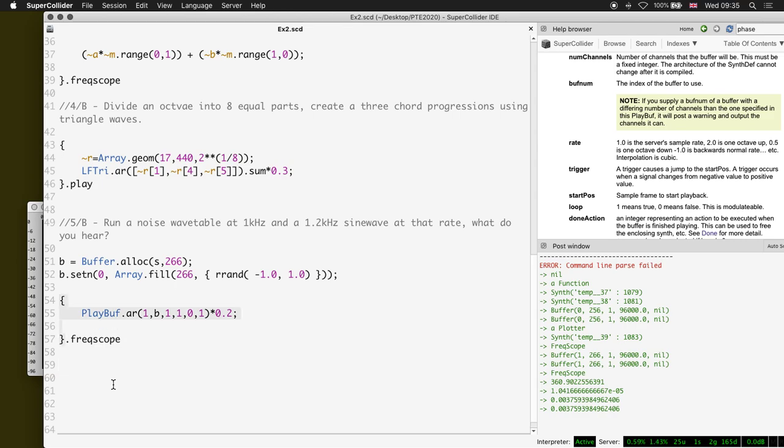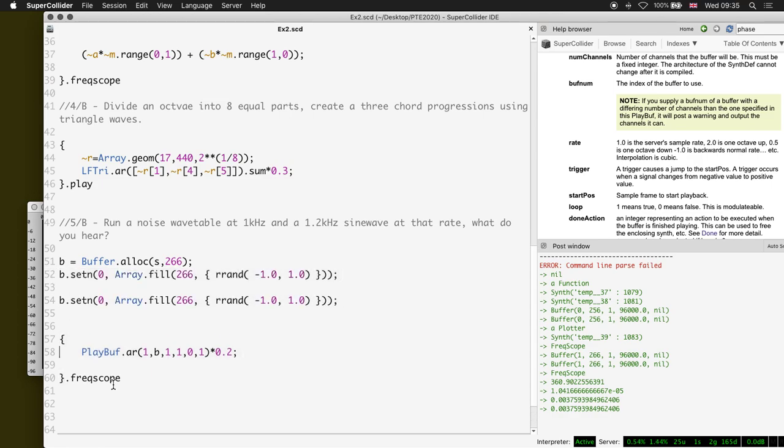Instead, let's just look at what happens if I put in a sine wave. So if in this 266 samples I would get a sine wave, so let's do that.